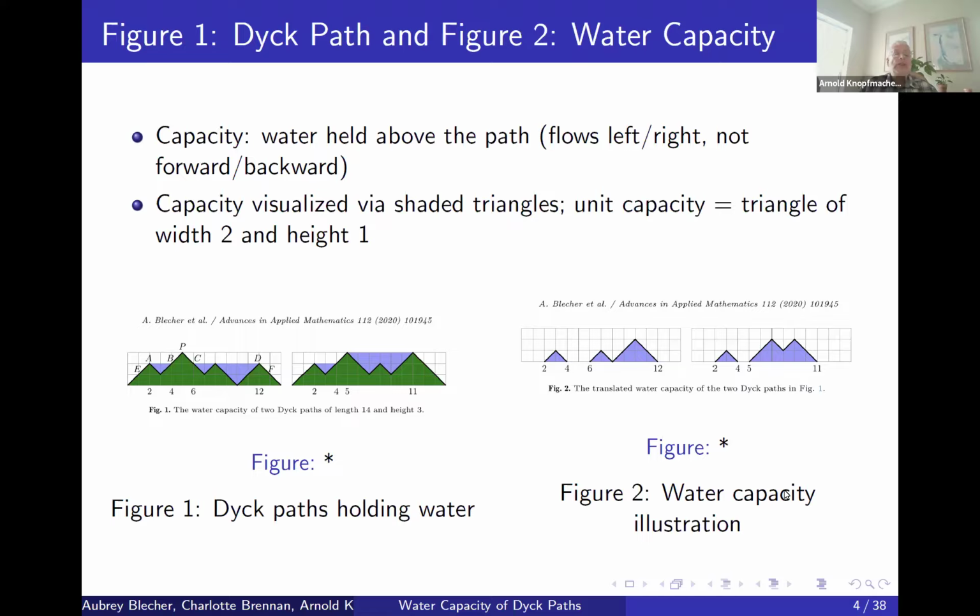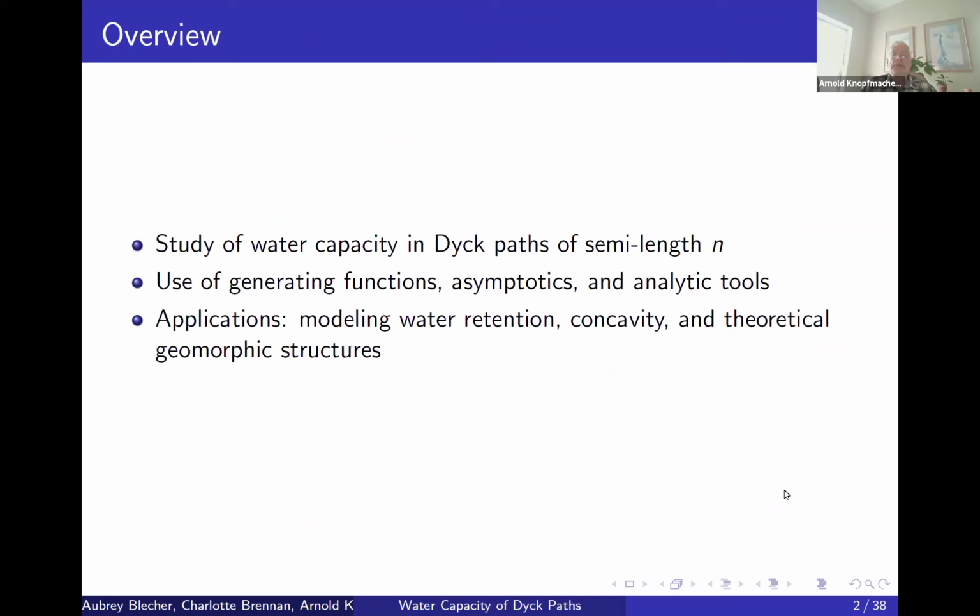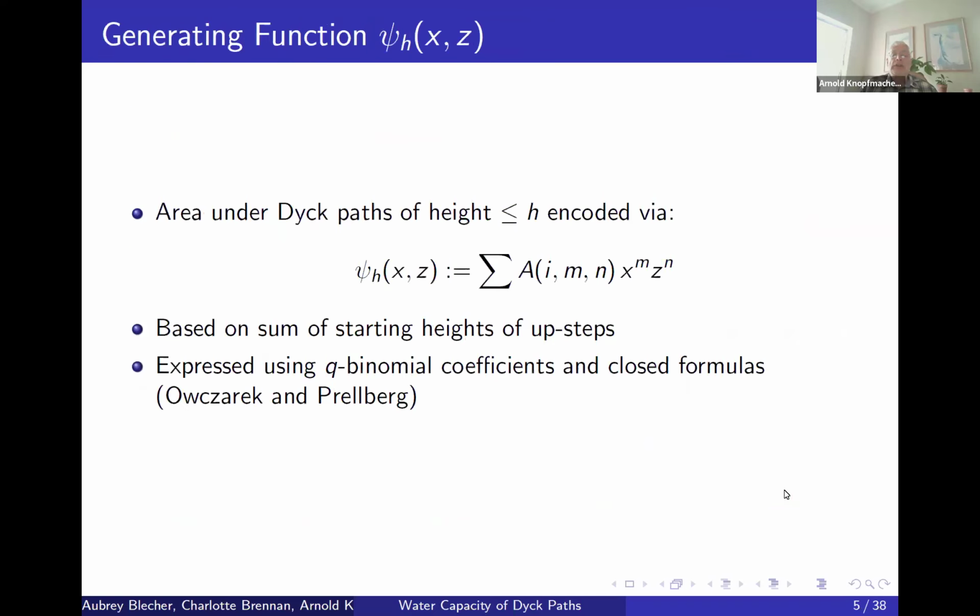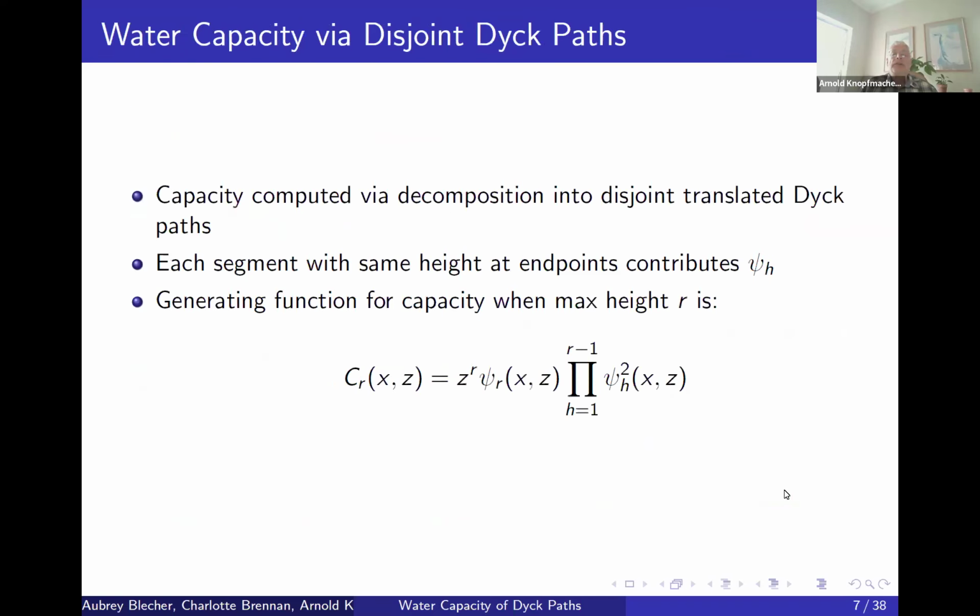But then if we move to the left, there's a lower pool at a lower level. And potentially, if this was a more complicated Dyck path, we could also have more pools on the right-hand side. So this is the reason that we end up with a square of those functions.